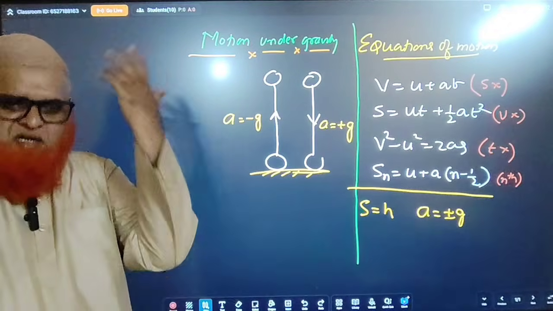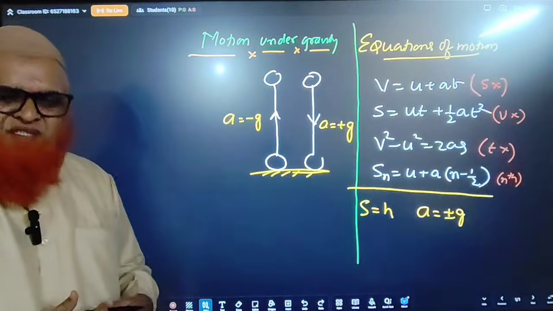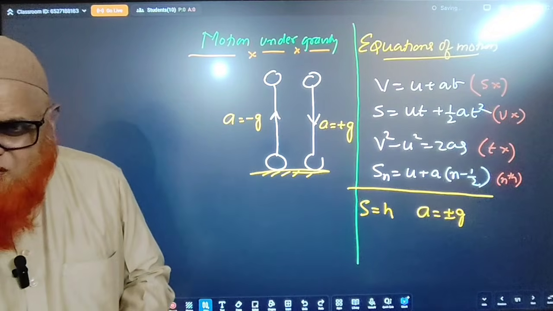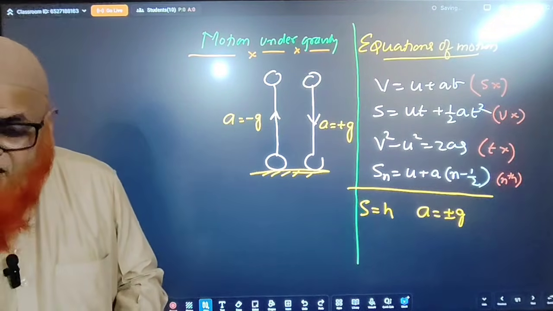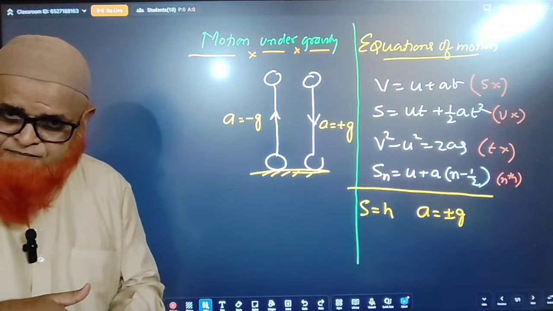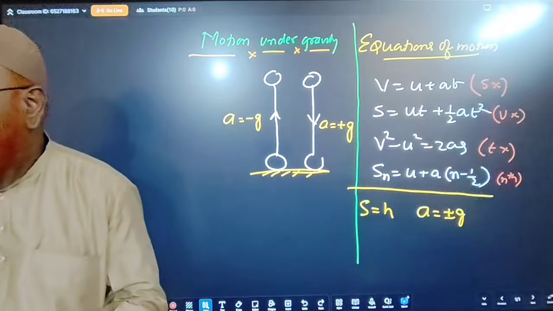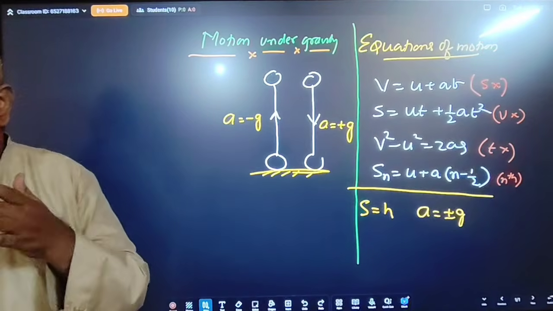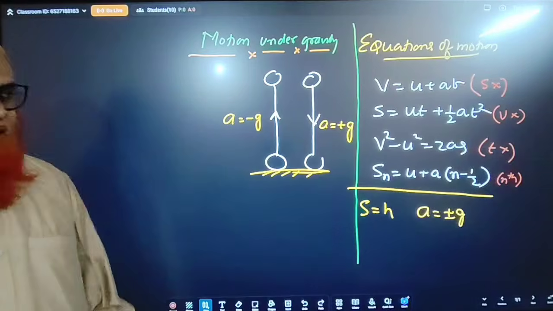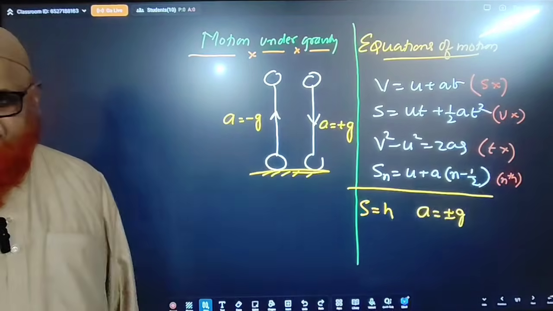It is going upwards, so we take it as minus g. When we drop a body, the body is coming towards the earth. It is falling on the earth, moving along the gravitational force, so we take it as plus g. Hope you understood now. This is minus g, plus g.